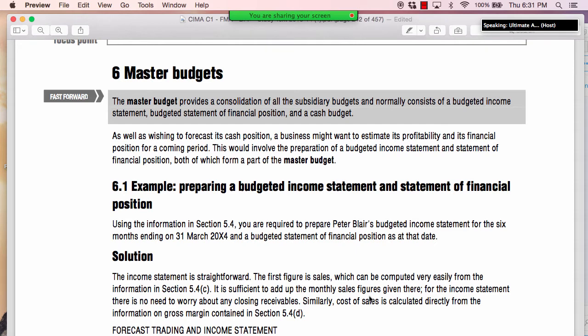Purchases budget is one, correct? These are all subsidiary budgets. Yes, sales budget, production budget, HR budget, the manpower budget. These are all subsidiary budgets, but they all come together as a consolidated one, okay?